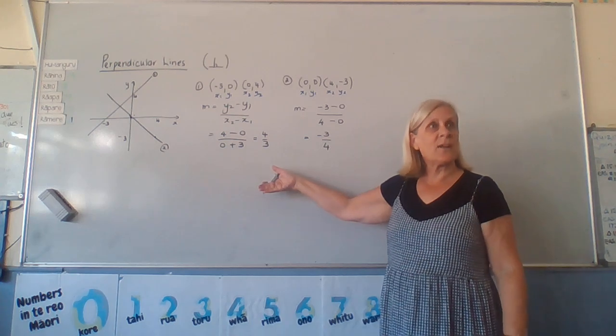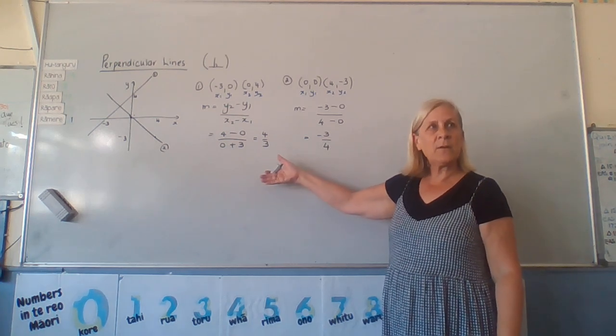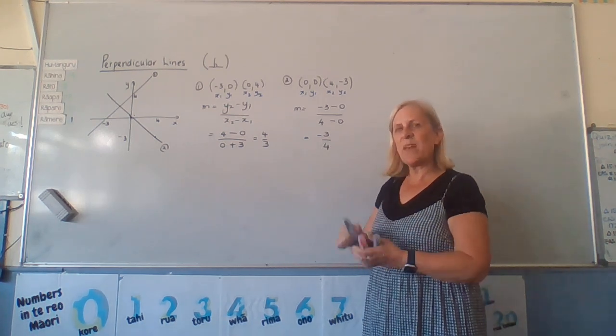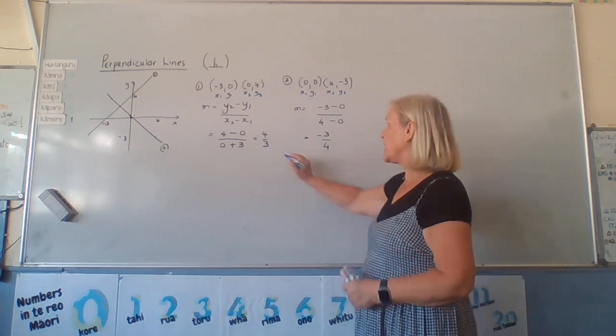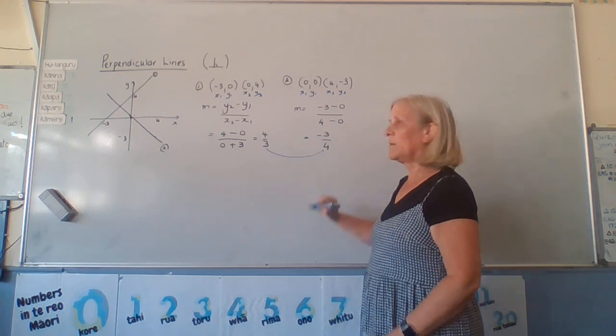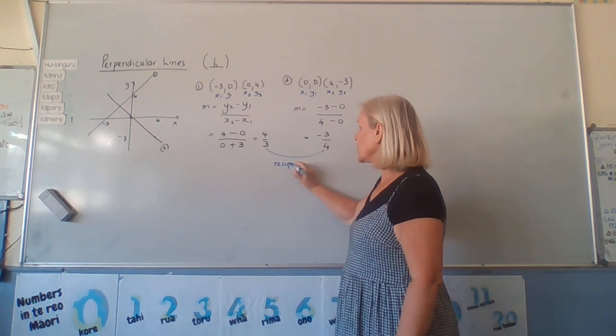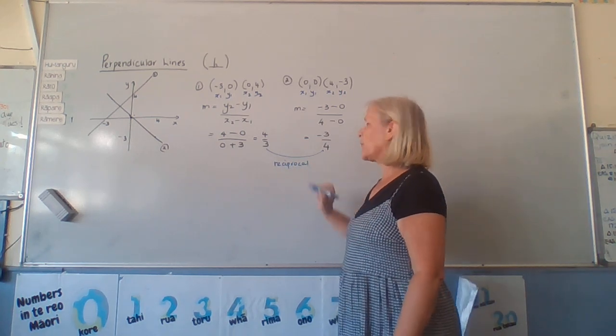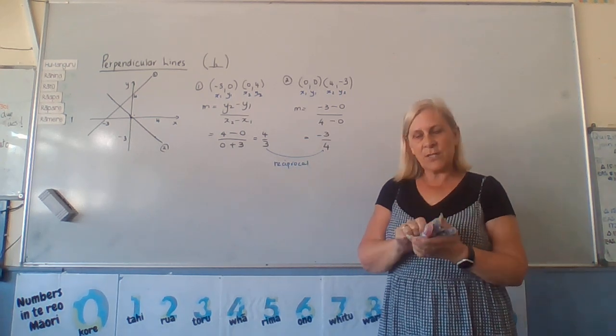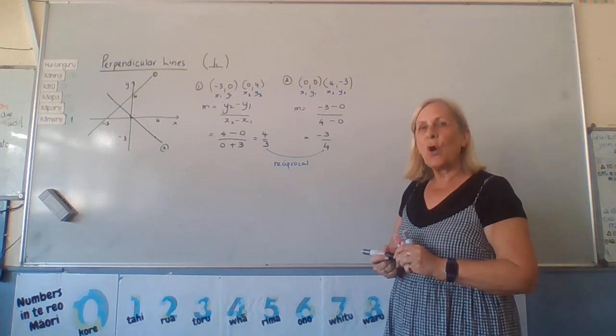It's gone upside down. Do you know the word for gone upside down? There's a special mathematical word for a fraction that's gone upside down, from here to here. You might have learned it way back. It's called the reciprocal.